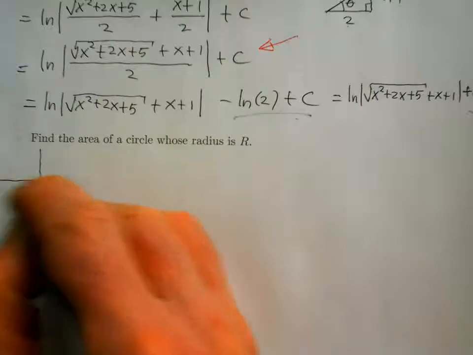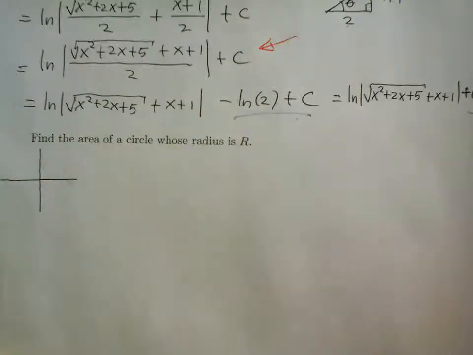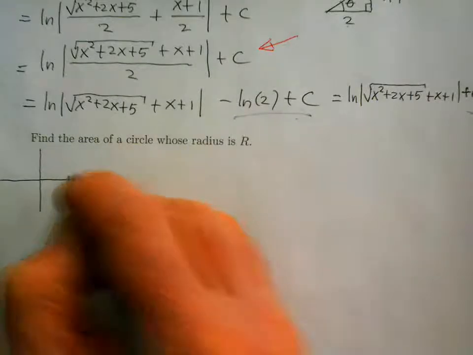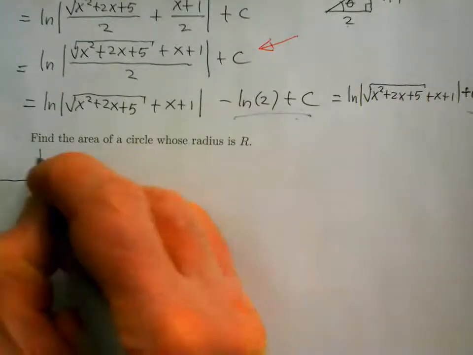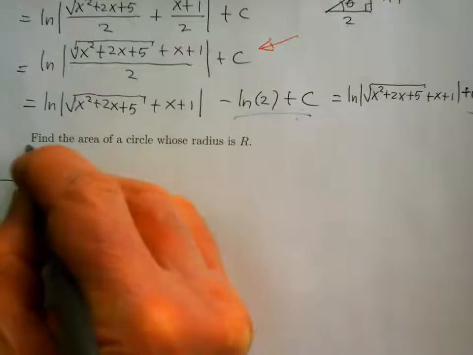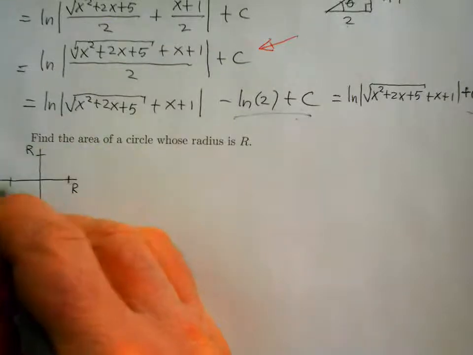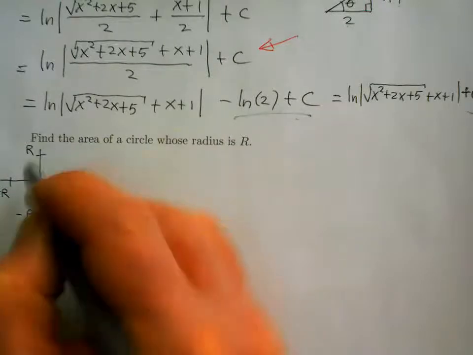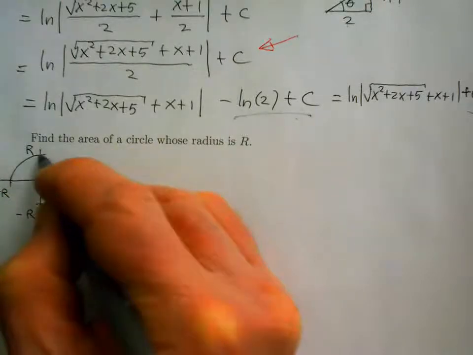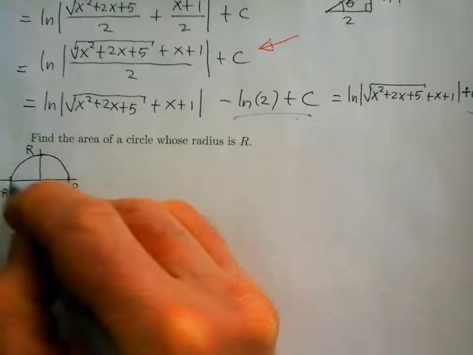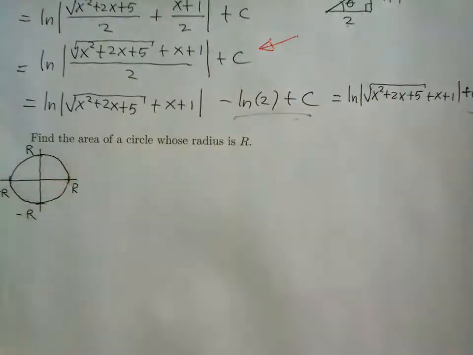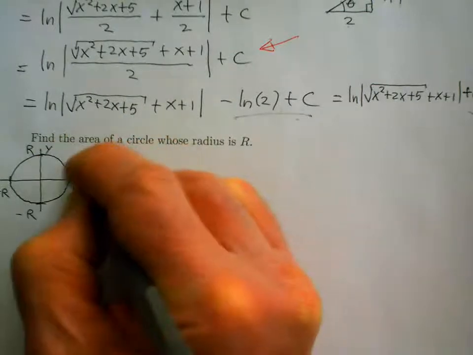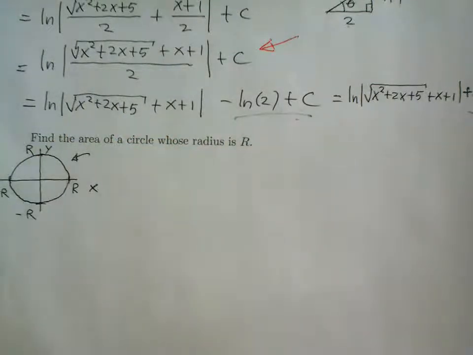Well, I'll attempt to draw a circle centered at 0, 0 with radius capital R. So the center is at the origin. So pretend like this is a circle. Okay, if this is in the xy plane, what's the equation for that circle?